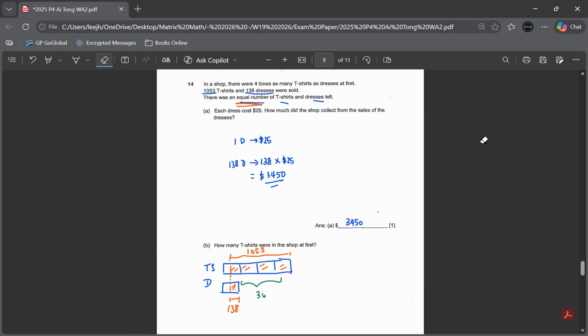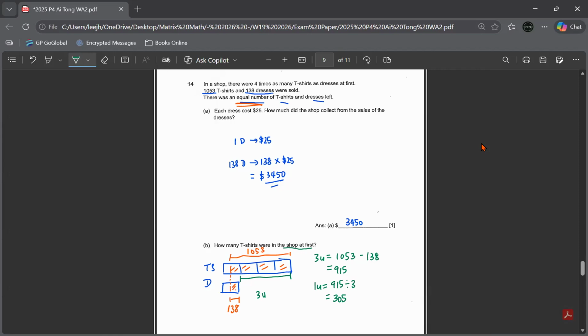Sorry, this one is not accurate. This is 3U. We can find the value of 3 units by taking 1053 minus 138, which is 915. To look for 1 unit, 915 divided by 3 is 305. But my question asked for how many t-shirts were in the shop at first.